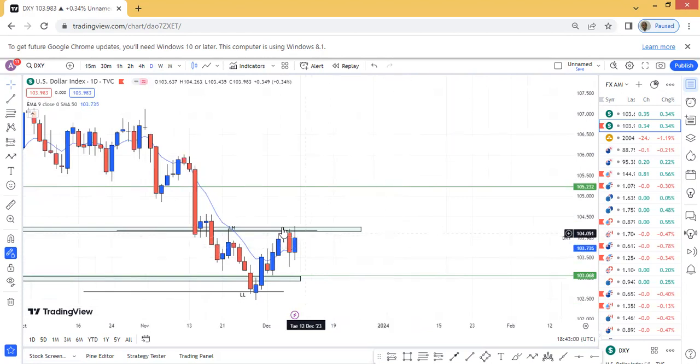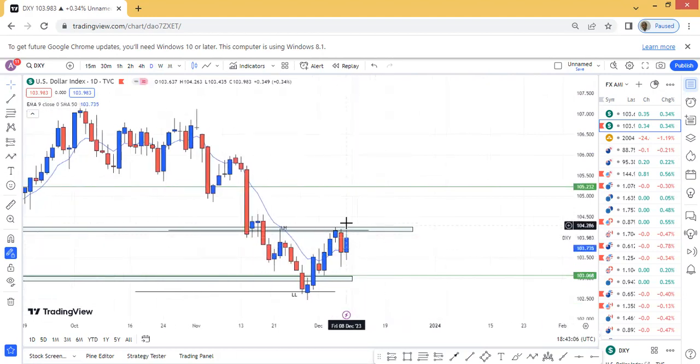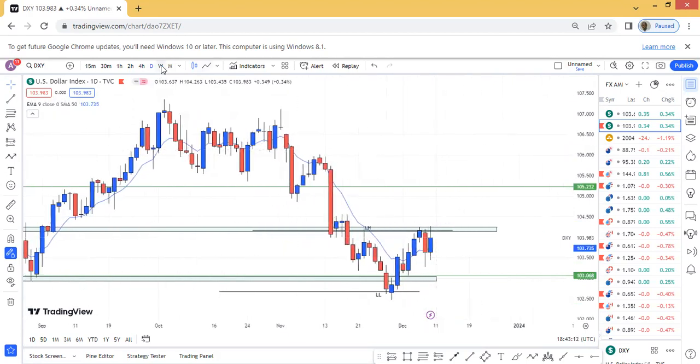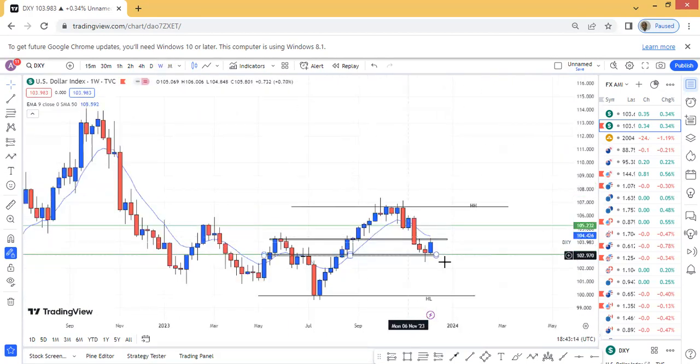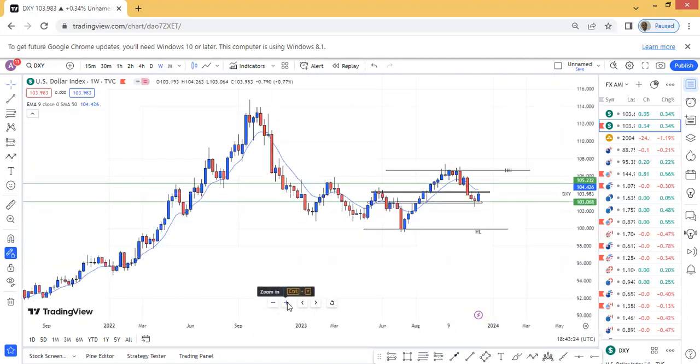This is a zone that price will have to break. And once we break this zone, there is no stopping the dollar. Then once we break this, this is also another zone, but I don't see it as something that will cause more trouble.